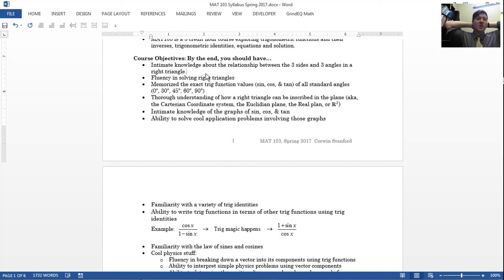Okay, first on the list. By the end of the course, you should have intimate knowledge about the relation between the three sides and the three angles in a right triangle. Trigonometry at least started off with the study of these relationships. For any given angle, there's a clear relationship between the three sides of the triangle.